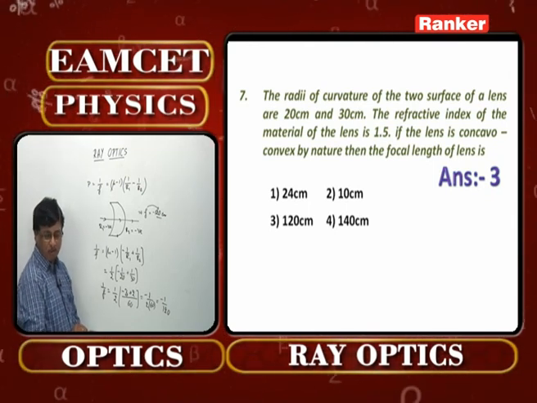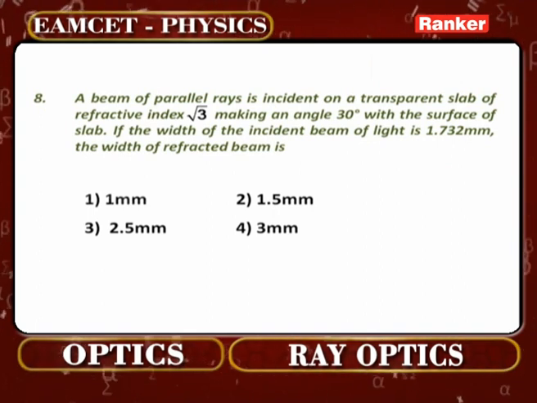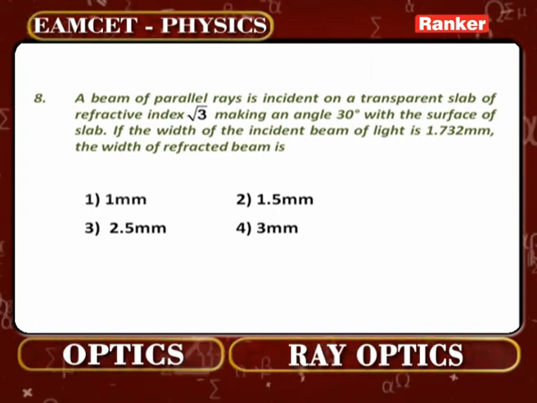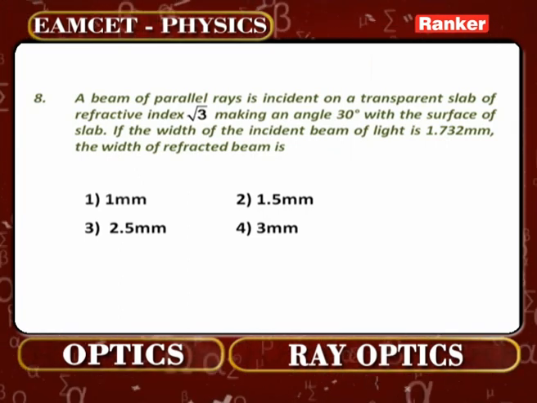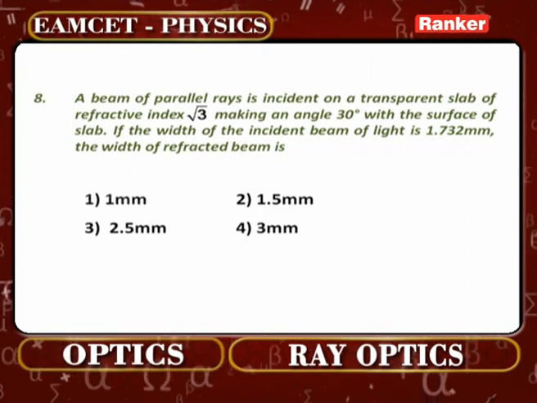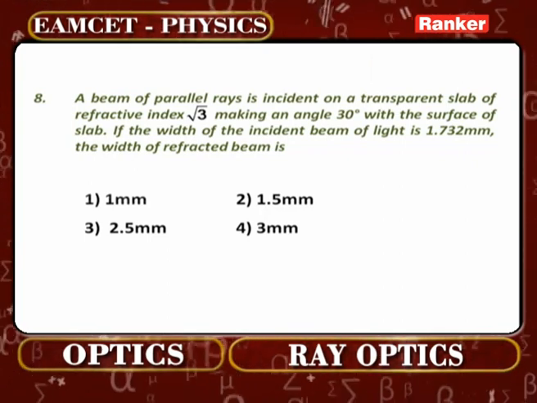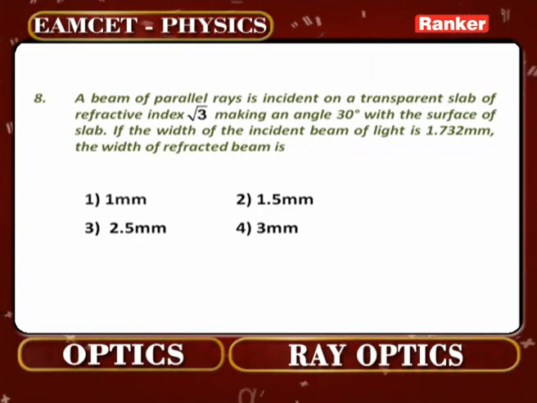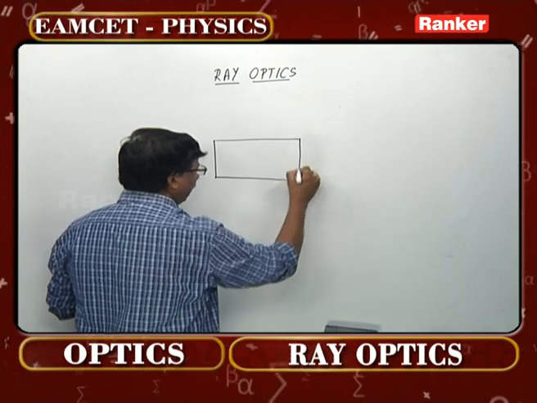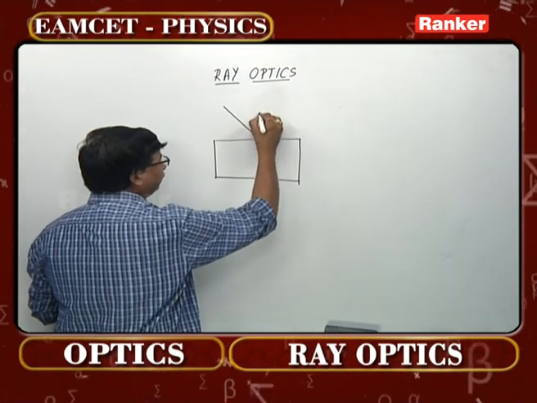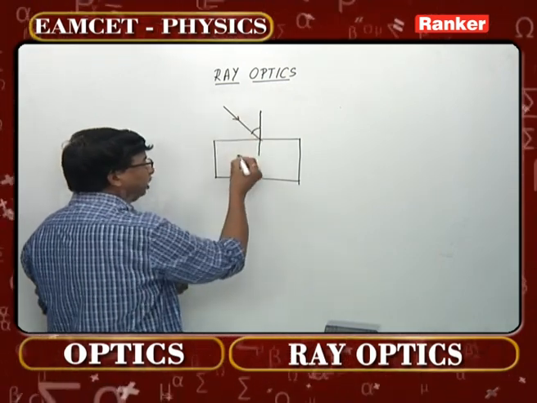Look at the next one, that is problem number 8. A beam of parallel rays is incident on a transparent slab of refractive index root 3, making an angle 30 degrees with the surface of the slab. Remember this wording thoroughly. Surface of the slab he is talking about. If I consider this one is the slab, this one is a ray which is falling on it, called the incident ray.